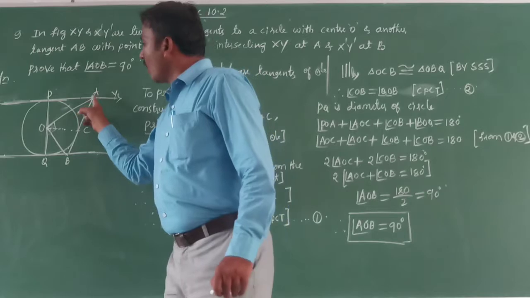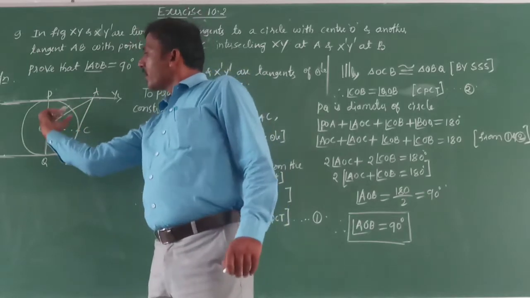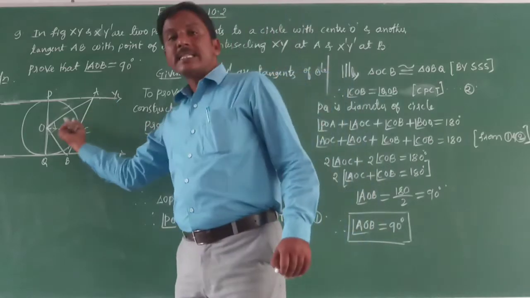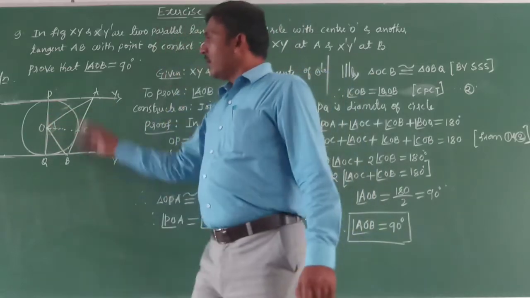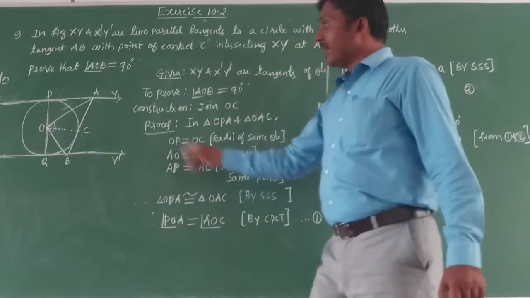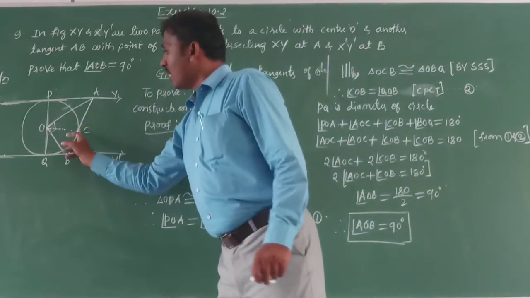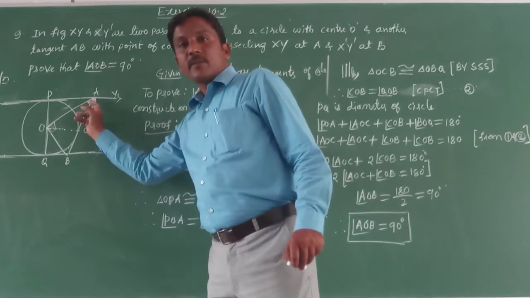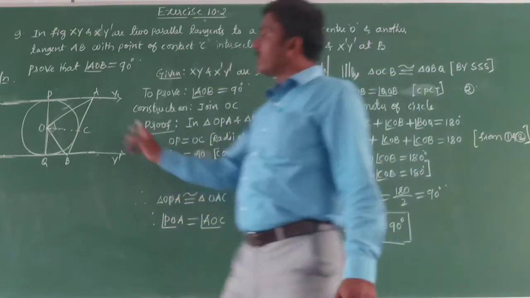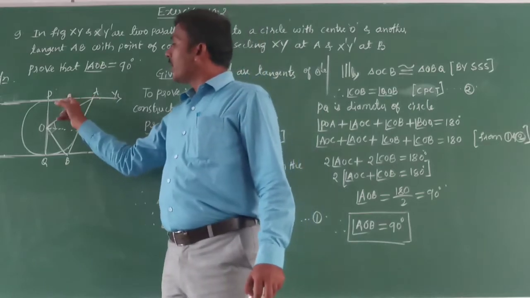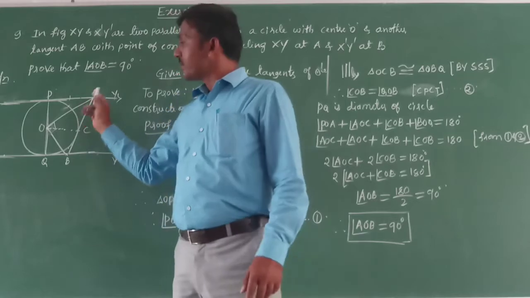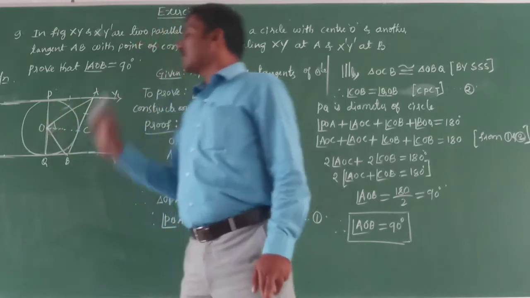Next, AO is common for these two triangles. AO is equal to AO. Next, AP is equal to AC. AP and AC are tangents from the same external point A. So AP will be equal to AC because these two are tangents from the same external point to the circle.